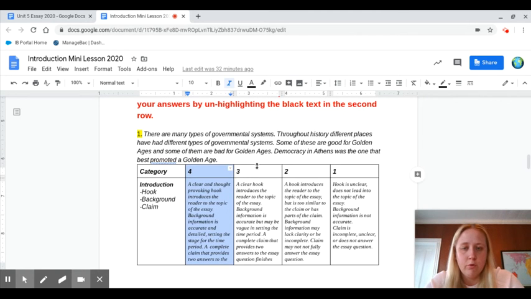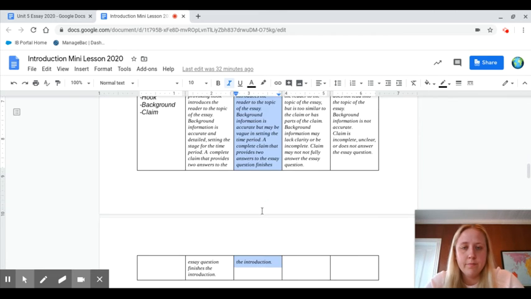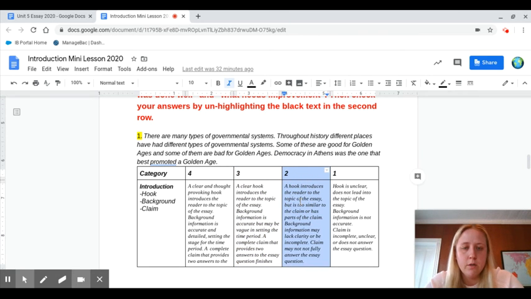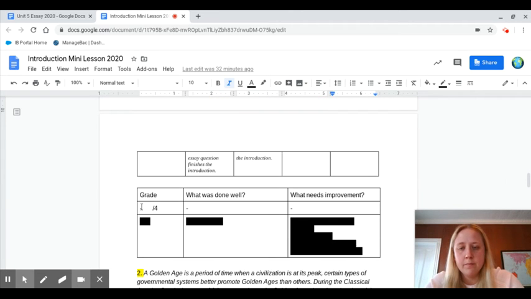You would highlight a 4, a 3, right, or a 2, or a 1, whichever one you're going to decide. Right underneath it, you'll put your grade that you're giving it. So if you're giving it a 1, you'd write it like that, or a 2, a 3, or a 4. And then just saying what was done well, what needs improvement.